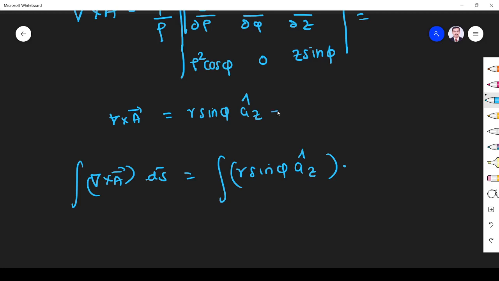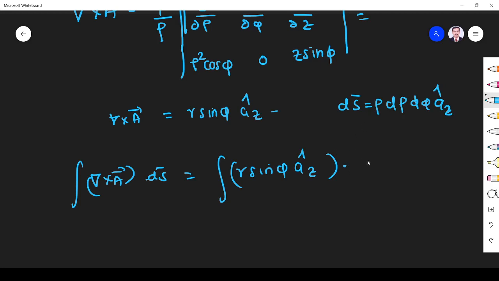Whenever our vector is along the a_z direction, what is ds in the cylindrical coordinate system? ds is given by rho d rho d phi a_z.